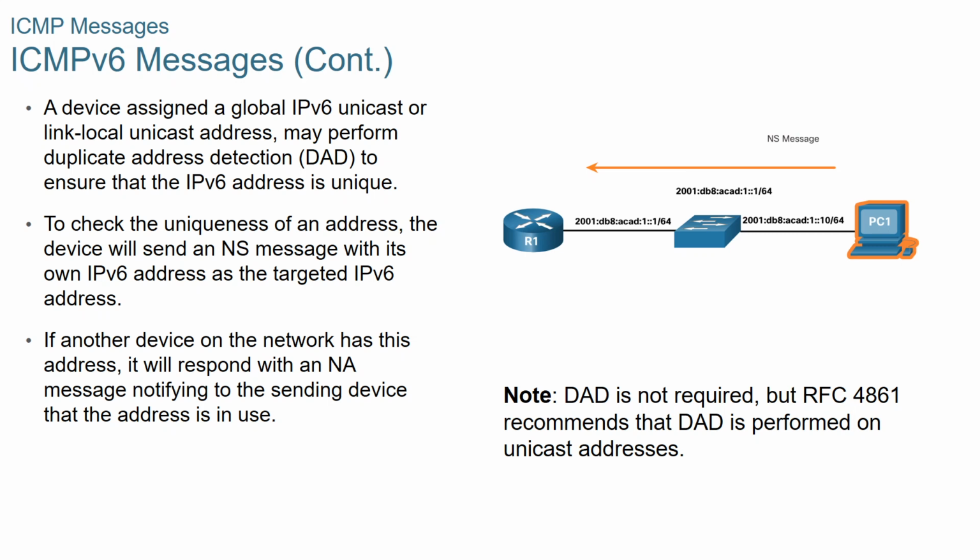If another device on the network has the address, it will respond with a neighbor advertisement, notifying the sending device that the address is already in use. DAD is not actually required, but RFC (Request for Comments) 4861 recommends that DAD is performed on unicast addresses in order to ensure that you don't end up with address duplication.